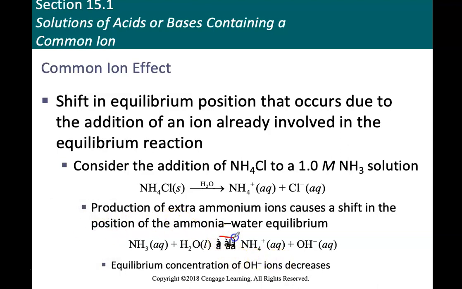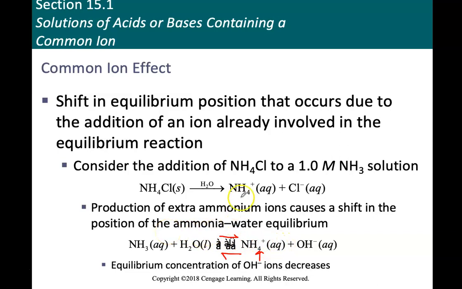So this is the equilibrium equation for the base dissociation. This is a weak base, ammonia, which dissociates to form ammonium ion and hydroxide ion. Notice that these two ions are present in the product side of the equilibrium. So what will happen is this: if you add more ammonium ion into the mixture, it's going to shift the equilibrium backwards.